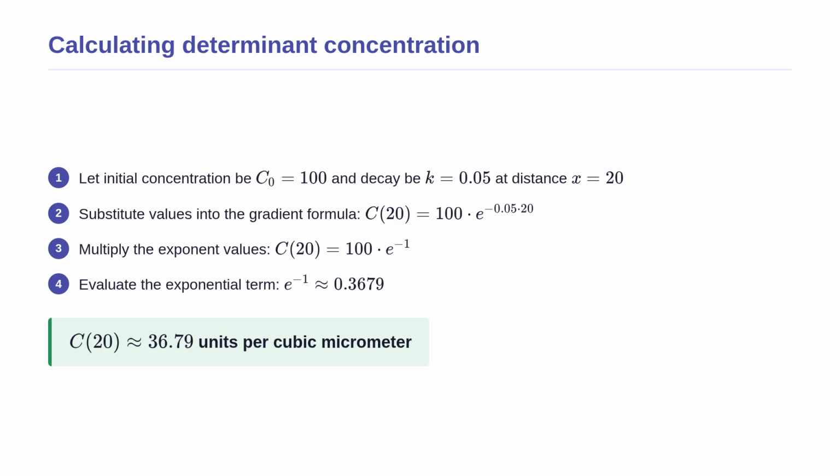The exponent becomes the product of negative 0.05 and 20, which simplifies to exactly −1. We then evaluate e raised to the power of −1, which is approximately 0.3679. Multiplying this by our initial concentration gives us roughly 36.79 units. This specific concentration will dictate the cell's unique developmental fate.